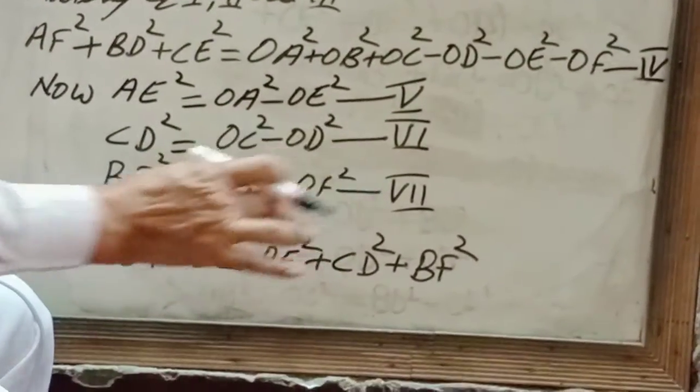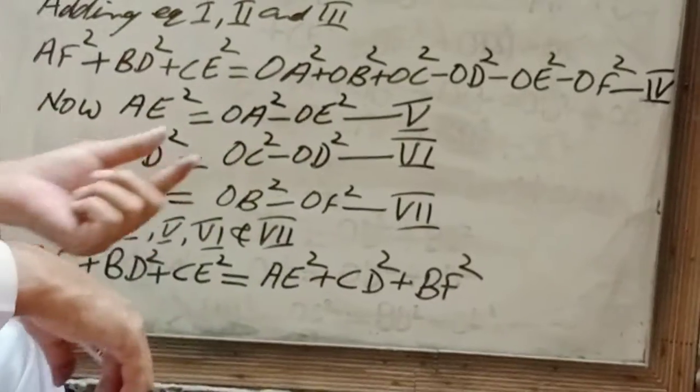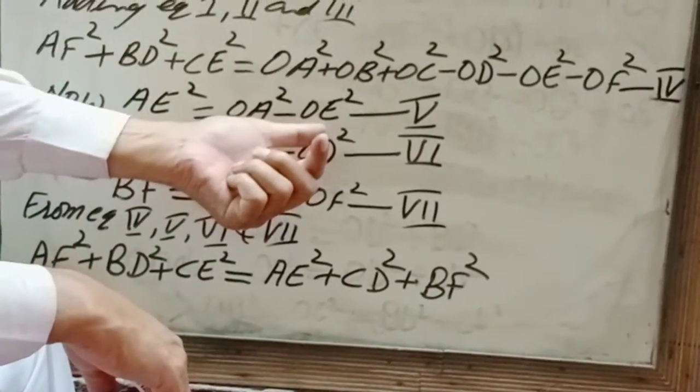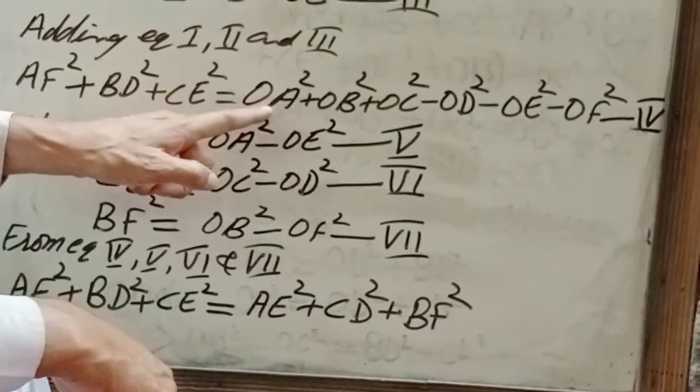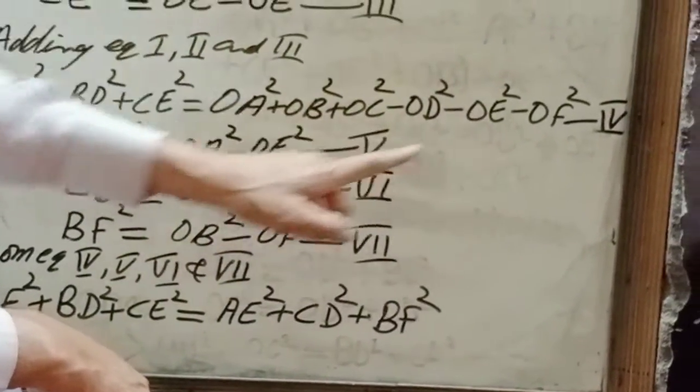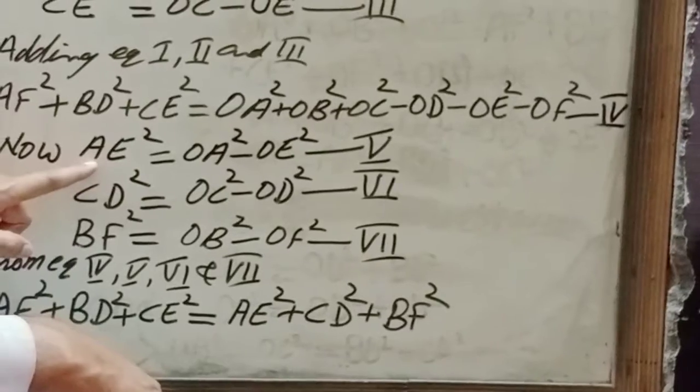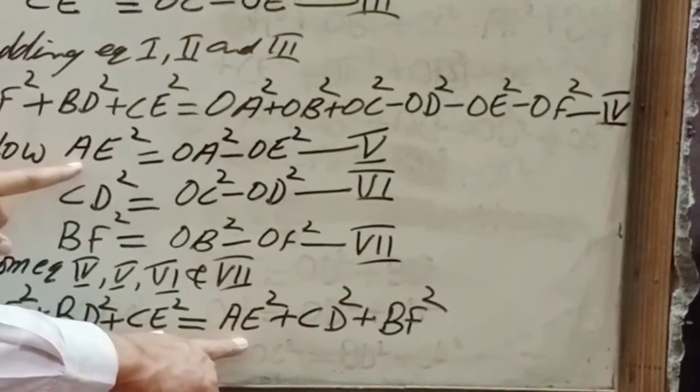This simply means that instead of OA square minus OE square, we can write AE square. Here we go.